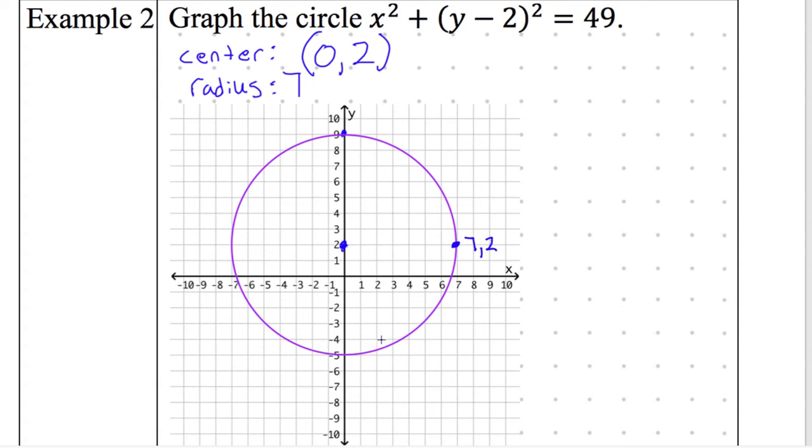This point down here, which is 0, -5. It comes through this point up here, which is 0, 9, and it also went through this point over here, which was -7, 2. It has to go through those 4 points for that circle.